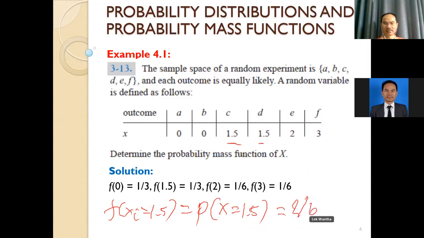The total number of events is 6, but only 2 events have this value, so it equals 1/3. How about 2? We have 1 event, and for 3 we have 1 event. That means f(2) equals 1/6 and f(3) equals 1/6. This is the probability mass function, f at xi equal to some value. This is an example.